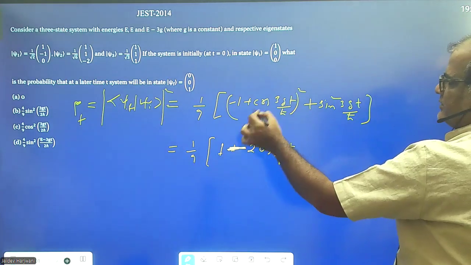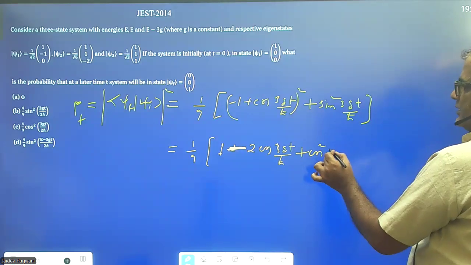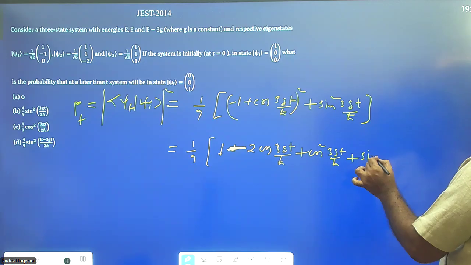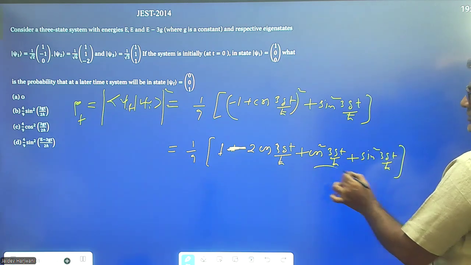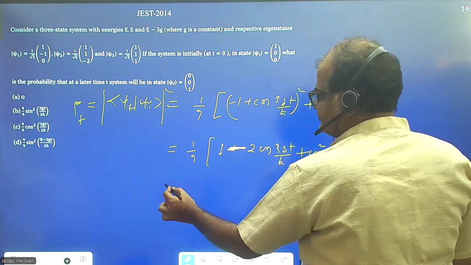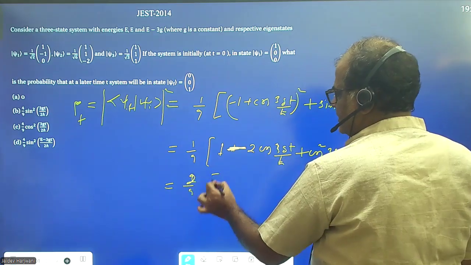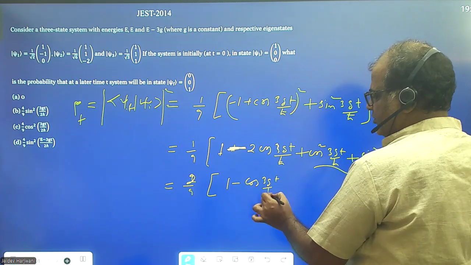And then you have a 1, 2, and then you have cos square 3gt upon h cut. Here you have sine square 3gt upon h cut. This will give me 1, so 1 will become 2. So 1 by 9, and it becomes 2. 2 I'm taking common. So again it will be 1 minus cos 3gt upon h cut.